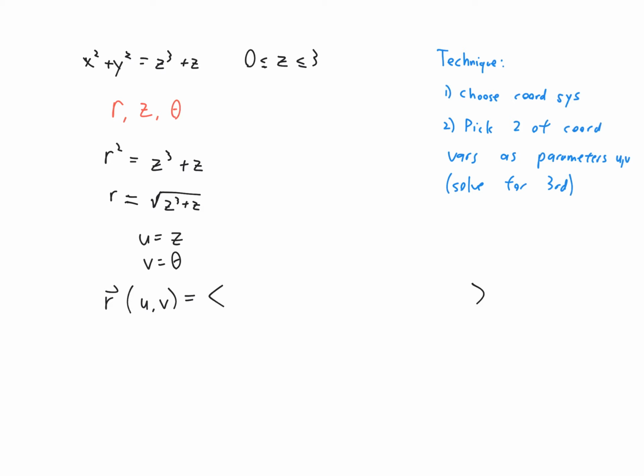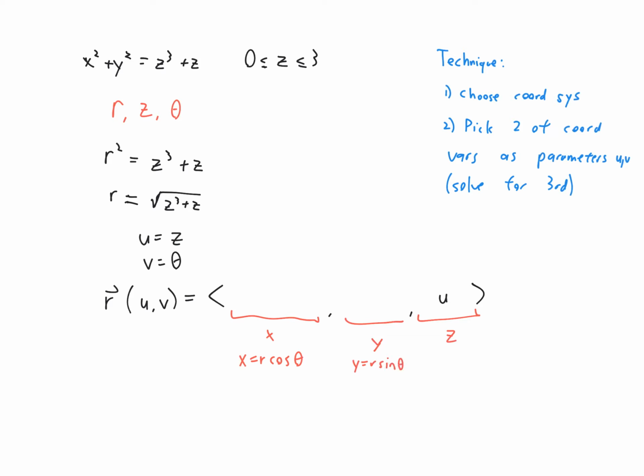Okay, again, I need to tell you my x, my y, and my z here. Well, let's see. I know what my z is. Z is just equal to u. And the x and y come from the coordinate change equations that we know. X is equal to r cosine theta. Y is equal to r sine theta.